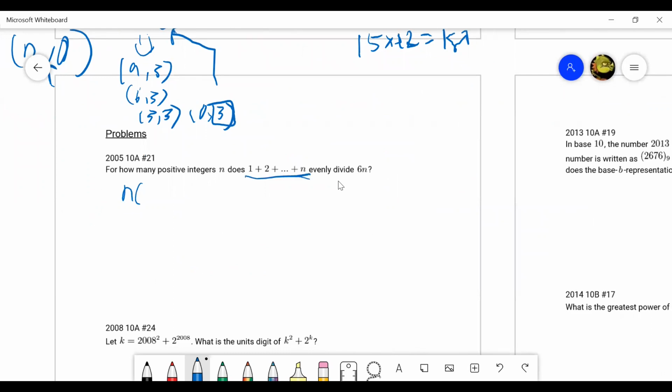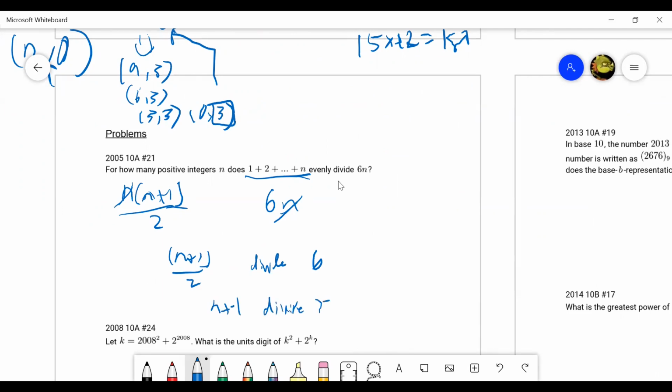The sum is equal to n times n plus 1 over 2, and we know that it has to divide 6n. Since they each have a factor of n, we can ignore it. And so that means n plus 1 over 2 must divide 6. So then n plus 1 must divide 12.